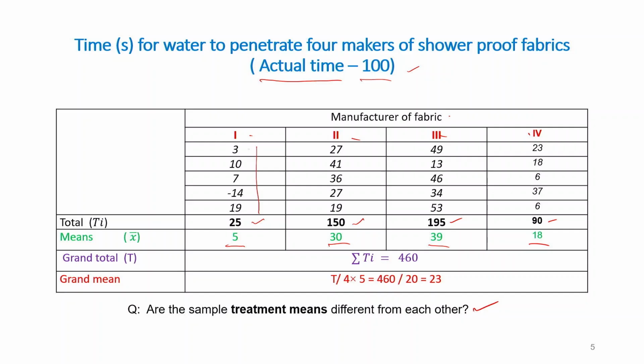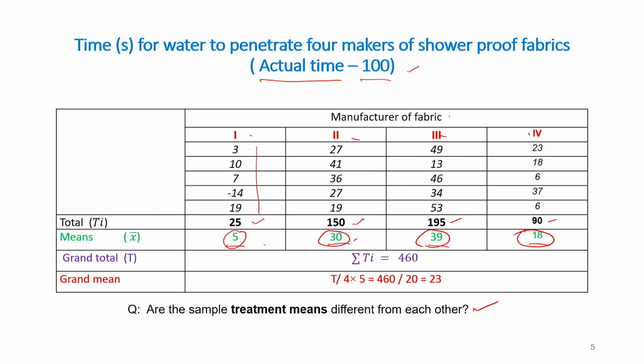One mean is 5, another is 30, another is 39, another is 18. Apparently, if you look at this figure, it appears yes, these two are very high values and these two are lower values. But we actually have to go for statistical analysis.